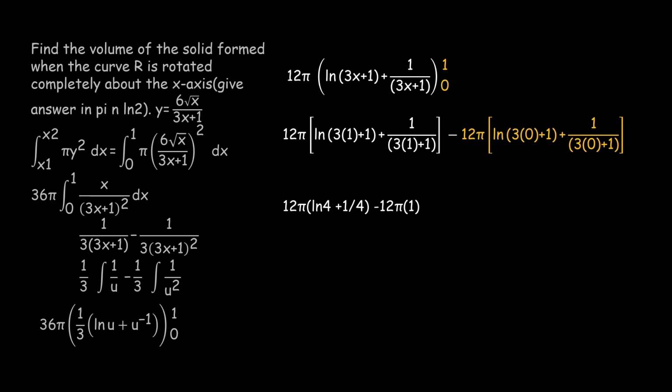Simplifying this, I'll factor out the 12 pi, and we have the natural log of 4 plus 1/4 minus 1, which is negative 3/4, right? And our final answer will be 12 pi times the natural log of 4 minus 3/4.